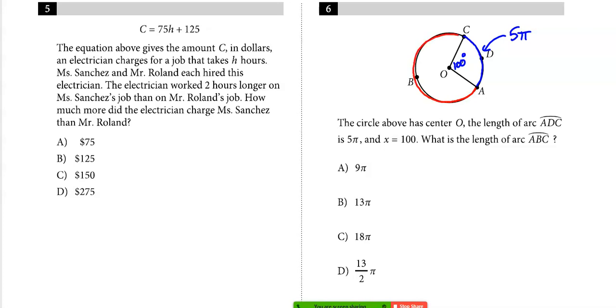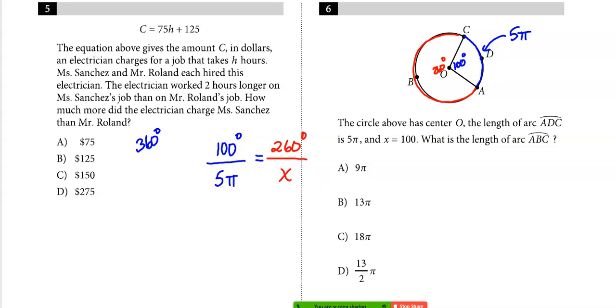So I think I'm going to set up a proportion. And I'm going to kind of say, hey, if 100 degrees gives me an arc of 5 pi, well, what would the full circle be? Or I could even just say, you know, a full circle is 360. So I know that this red side over here is 260 degrees. So if 100 degrees gives me 5 pi, 260 degrees gives me how many pi?